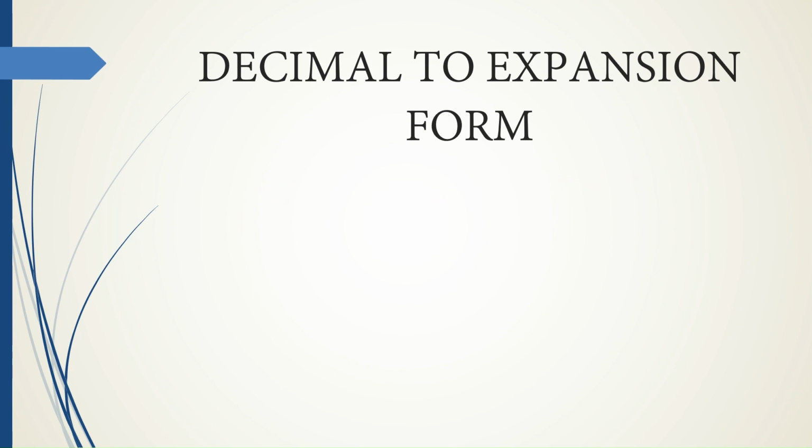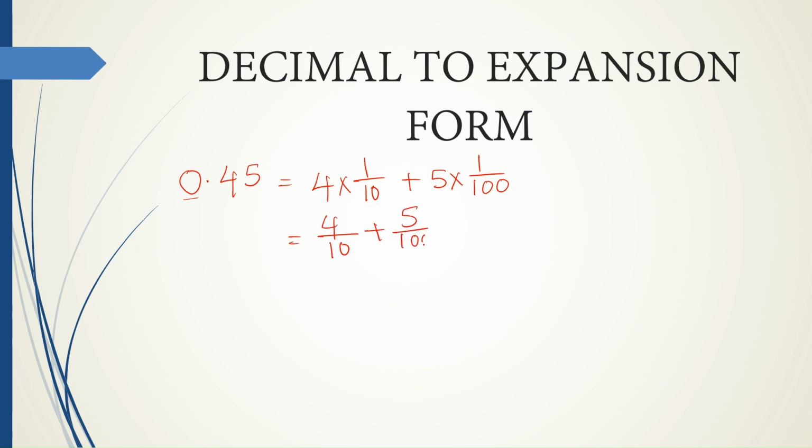Consider another example, 0.45. Whole number part is not there. Directly we have to start with tenths. Tenths place is 4, and then in hundredths place we have 5, so 5 into 1 upon 100. So this becomes 4 upon 10 plus 5 upon 100.